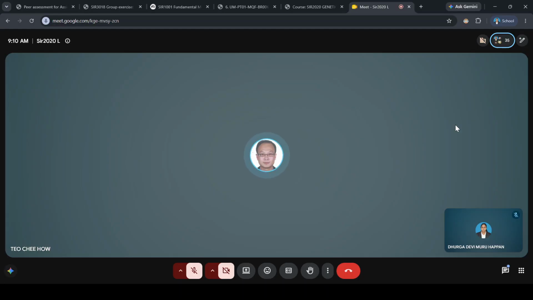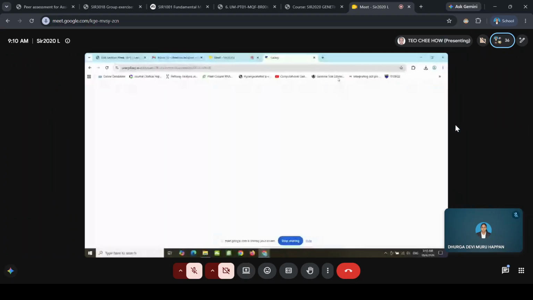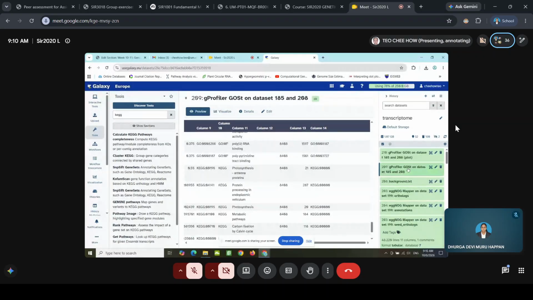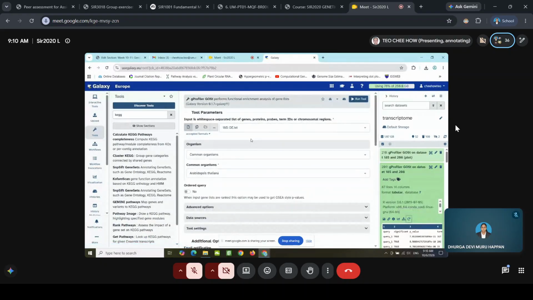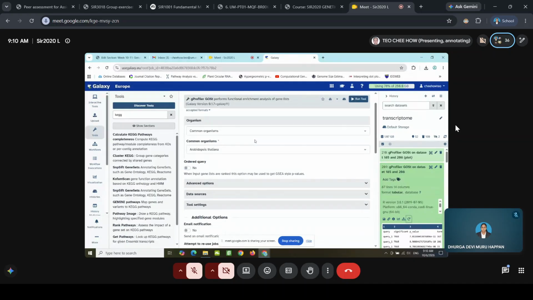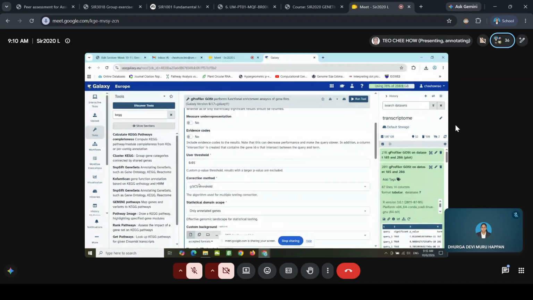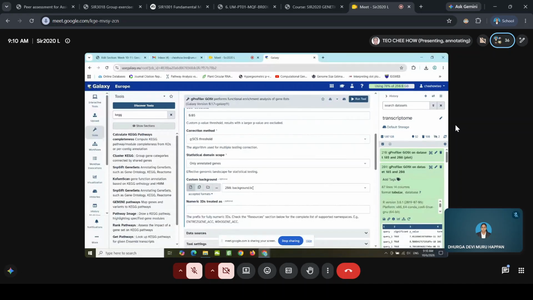Oh yeah, one thing. Let me show again. For the GO portfolio, the first time that I ran, I did not provide the background. I think it's important to give the background. So what is the background?